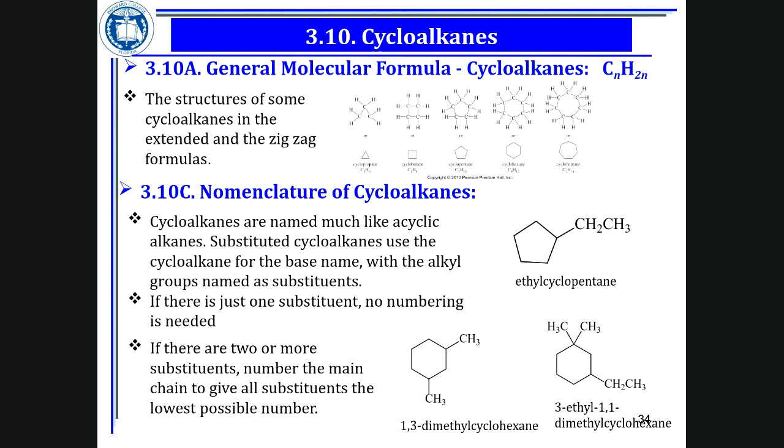So cycloalkane doesn't have CnH2n+2. It's just CnH2n, because the one carbon-carbon bond from head to tail, from the first carbon to the last carbon, is going to take care of two hydrogens.